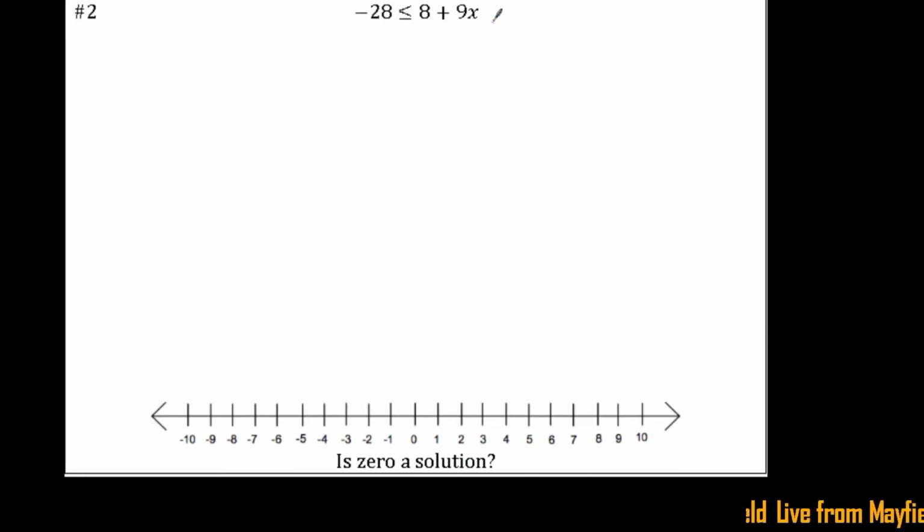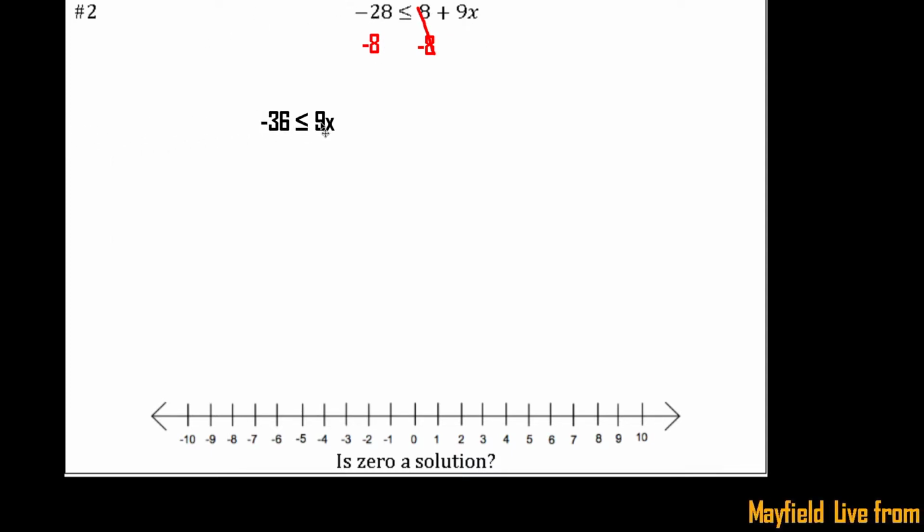In number 2, it says negative 28 is less than or equal to positive 8 plus 9x. Again, we're trying to get that variable term by itself, trying to isolate that variable, and so we're going to subtract 8 from both sides. On the right side, the 8s cancel out, and the 9x comes down.